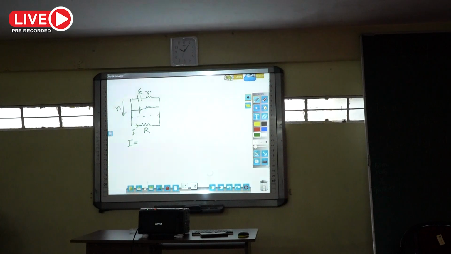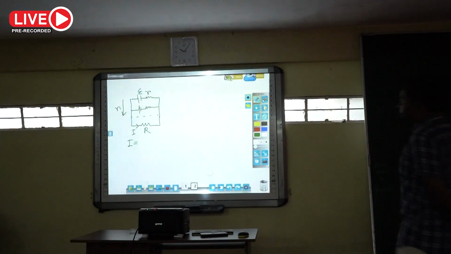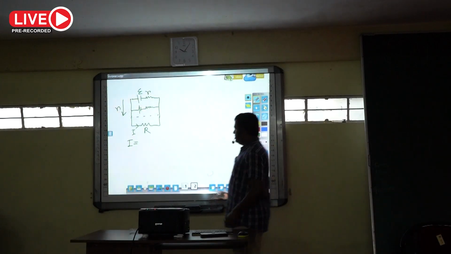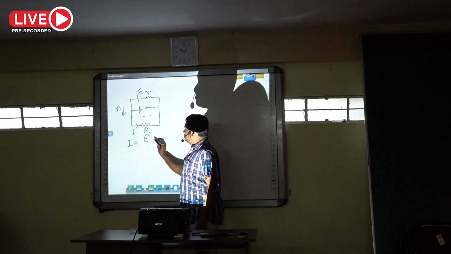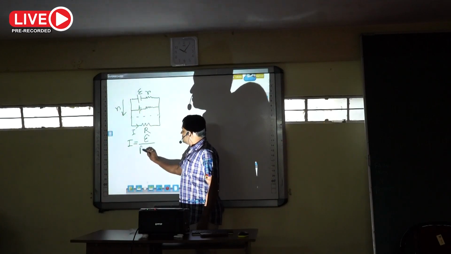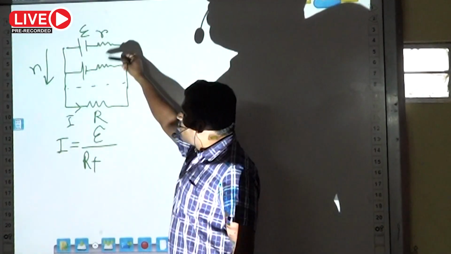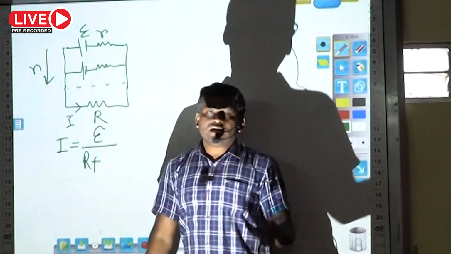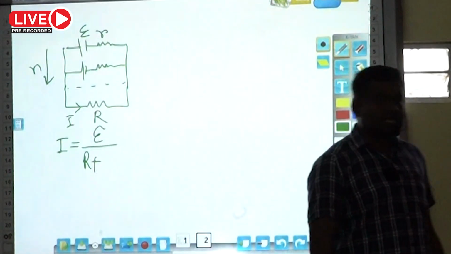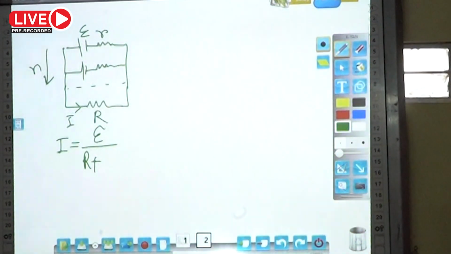See, since they are connected in parallel, the potential difference across the parallel combination is always the same. So the total EMF will not increase. It will remain E, divided by the total resistance. All these n number of small r internal resistances are connected in parallel, so their equivalent is r by n.